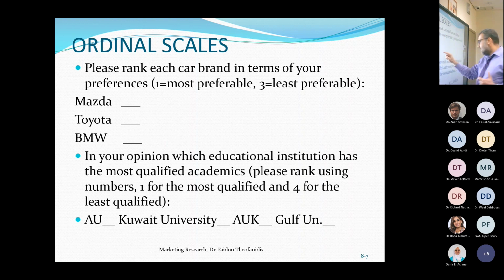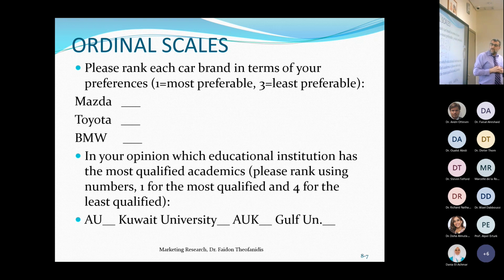So imagine that BMW could have a median of 1.2. Toyota could have a median of 2.8. And Mazda could have a median of 2.1. So which is the most preferred?